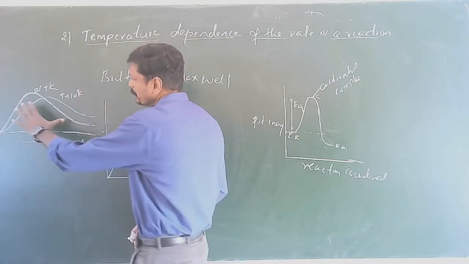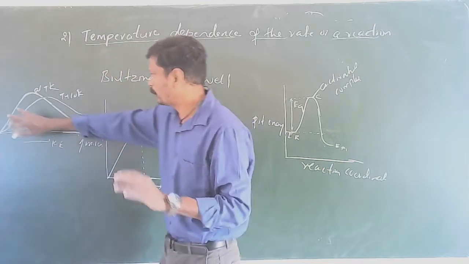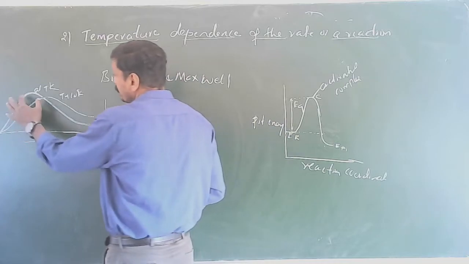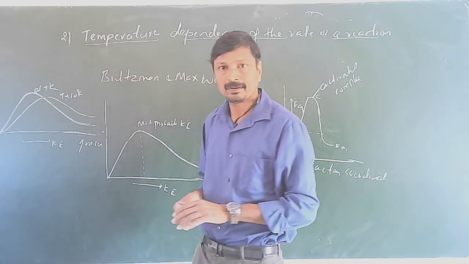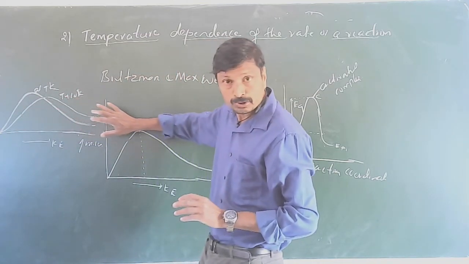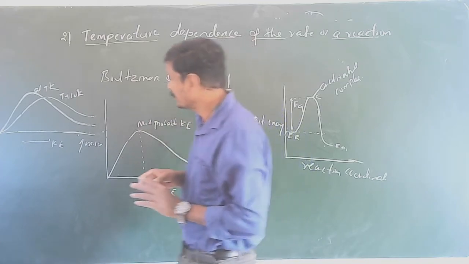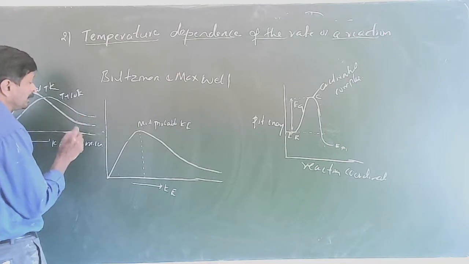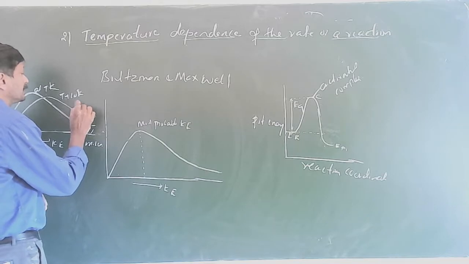The area must be the same. What does this area show? The total number of molecules in the gaseous system. On a 10 degree increase in temperature, the curve moves towards the right-hand side. At this point, it shows the molecules having activation energy.